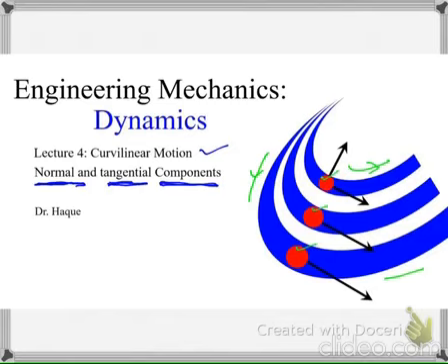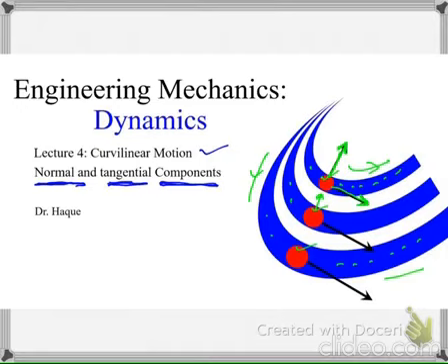Every second the particle is changing its direction, and at each and every position the particle may have a tangential component, which is tangent to the path of travel, and which could be the velocity, and there's always a normal component at that position, for any particle and in any position. So we'll derive equations for this tangential and normal component.